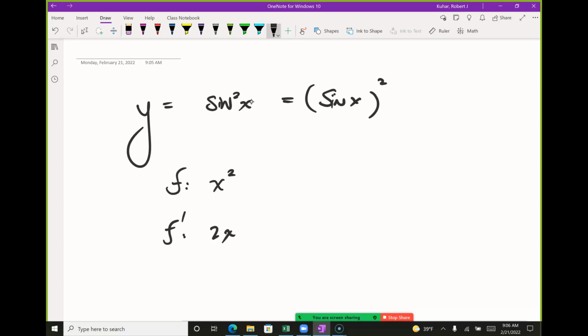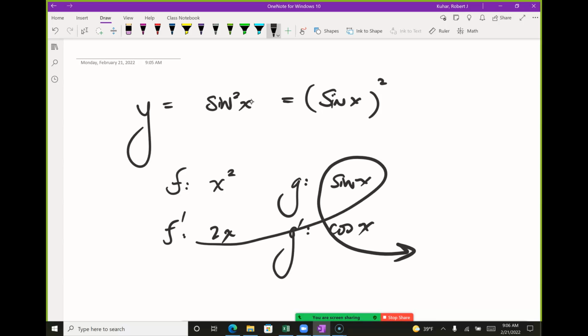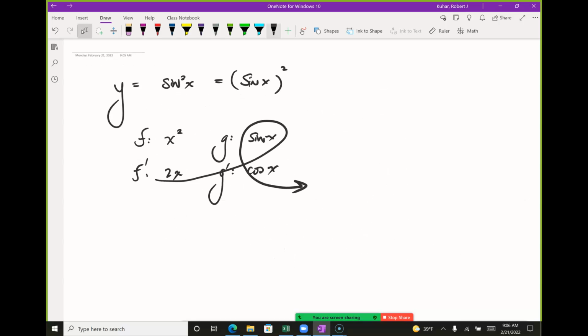And now I'm 2 times sine, that's the cat, to the first power, times the derivative of sine. So the inside function is sine. What's the derivative of that? Cosine. So I'm taking the 2x, putting the sine inside, and then multiplying by cos.